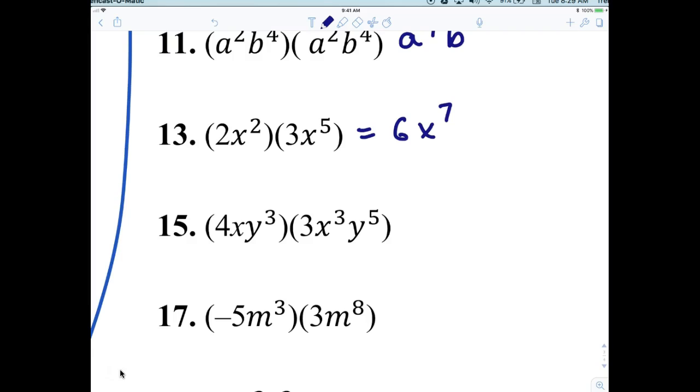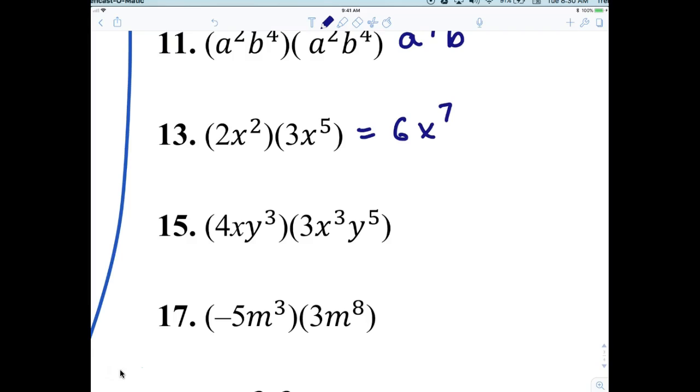Even if you have no clue, you have very few options. You can either add, subtract, multiply, or divide. So what's the only way I can make 6 with 2 and 3? You should be able to figure that out.